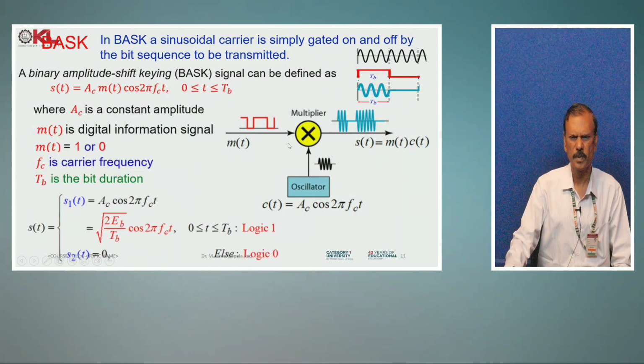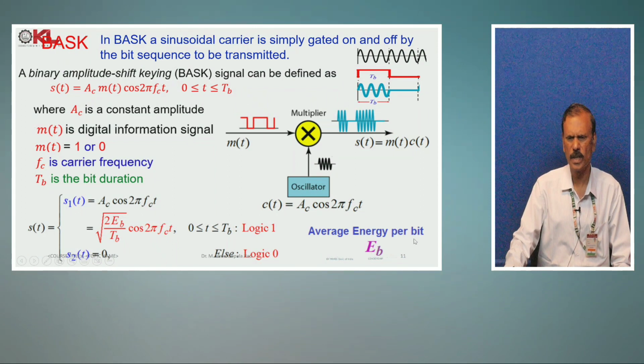So s1 of t is Ac cos 2 pi fc t, where Ac can also be represented in terms of the energy and bit duration. It is valid only when the logic is 1, that is, when the bit is high. When the bit is low, there is no signal, so s2 of t is 0. When the signal is high, it is transmitted; when the logic is 0, it is not transmitted.